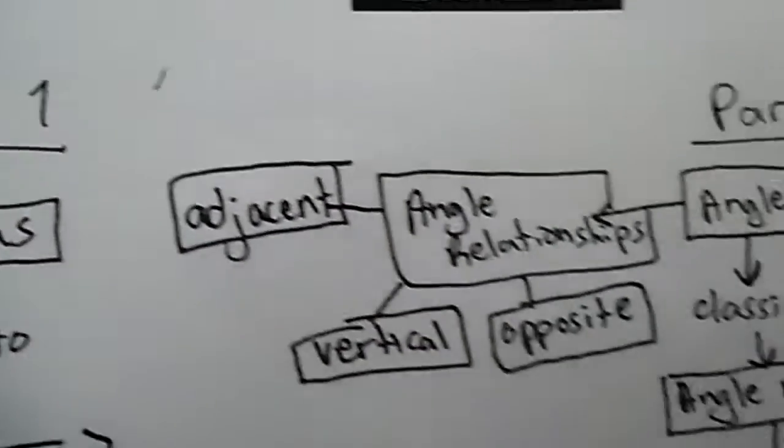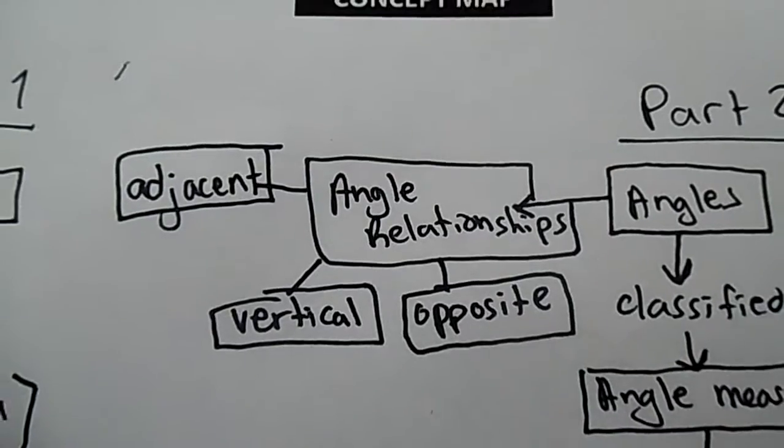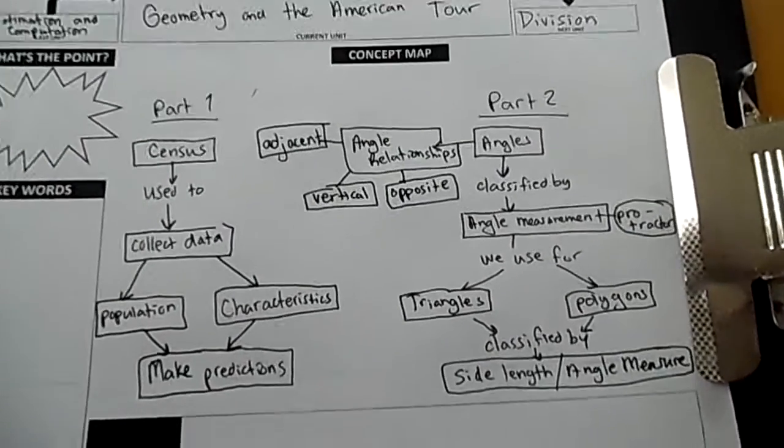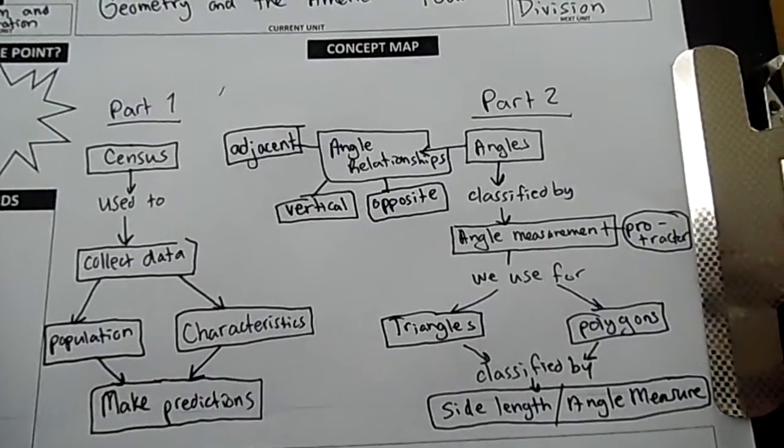Now remember, you can pause this whenever you want. So we have angle relationships, vertical, opposite, adjacent. Good. So there is our entire map. We have two parts and everything is connected.